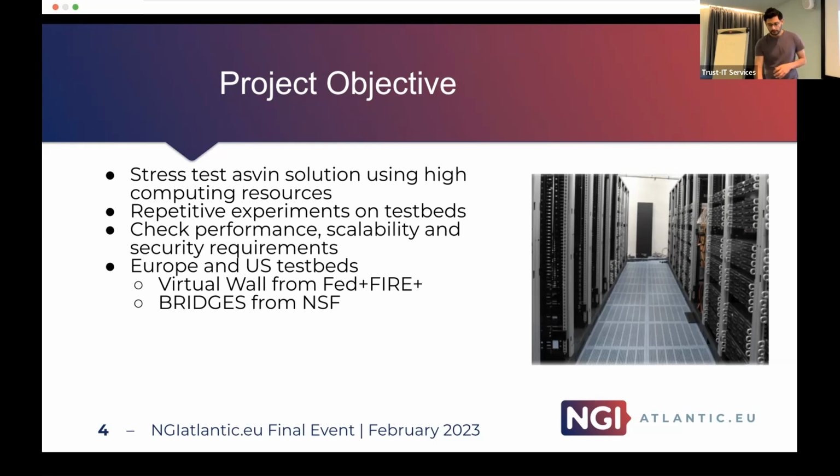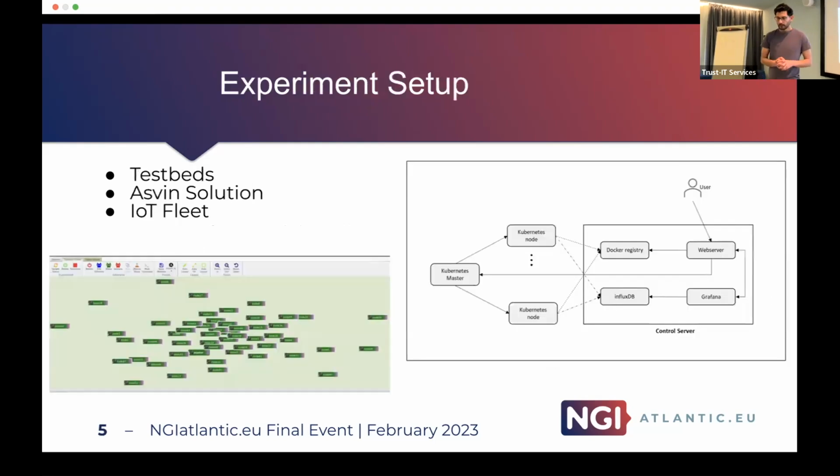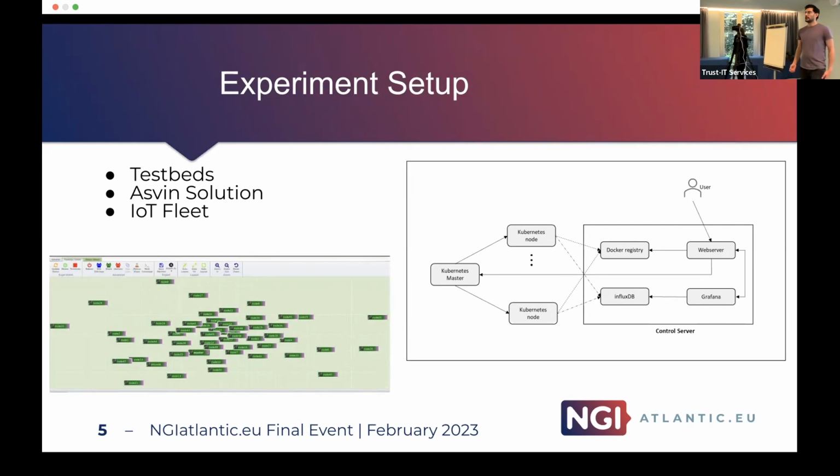The idea was that we would use both testbeds. We would deploy physical nodes on these testbeds, and these physical nodes would then be orchestrated as a Kubernetes cluster. On this Kubernetes cluster, we would deploy a container application, and this container application will have different threads inside, and each thread in the container would emulate an IoT device.